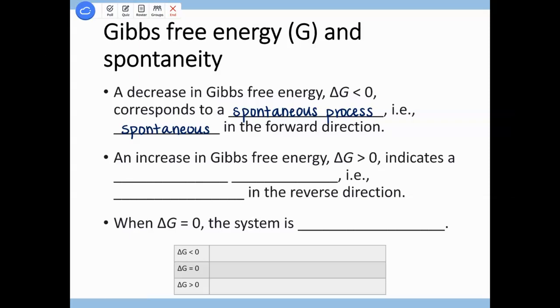And then the opposite is true. An increase in Gibbs free energy, so delta G is greater than 0 for a process, indicates a non-spontaneous process. In the forward direction, but it would be spontaneous in the reverse reaction or reversed direction.